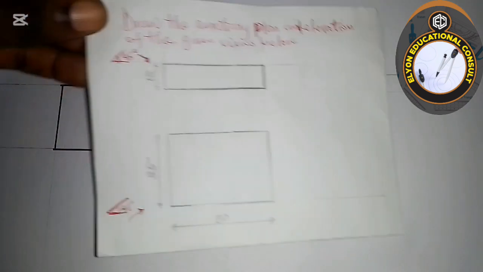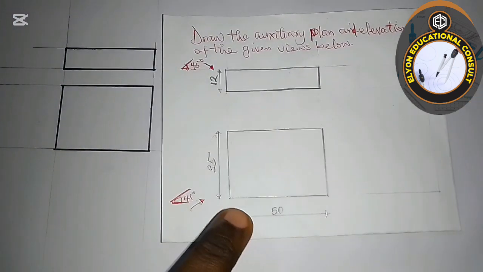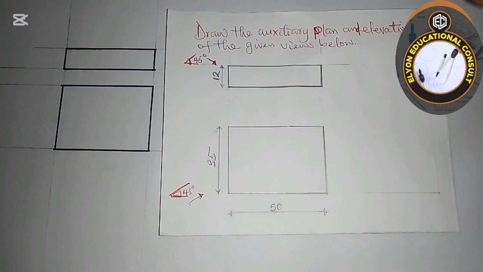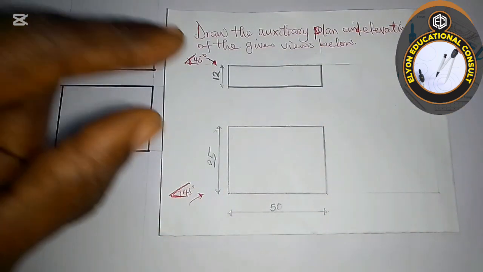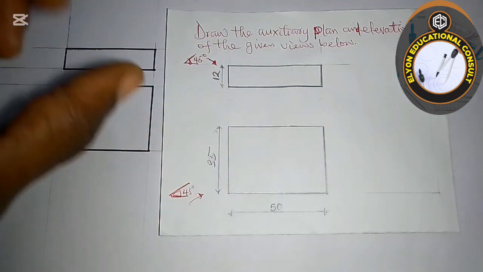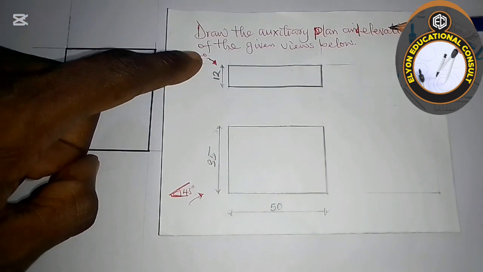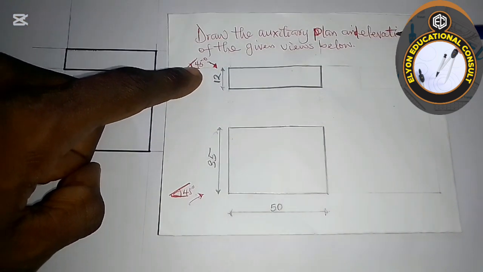If you look at the question given to us, we are told to draw two things in one: the auxiliary plan and auxiliary elevation.